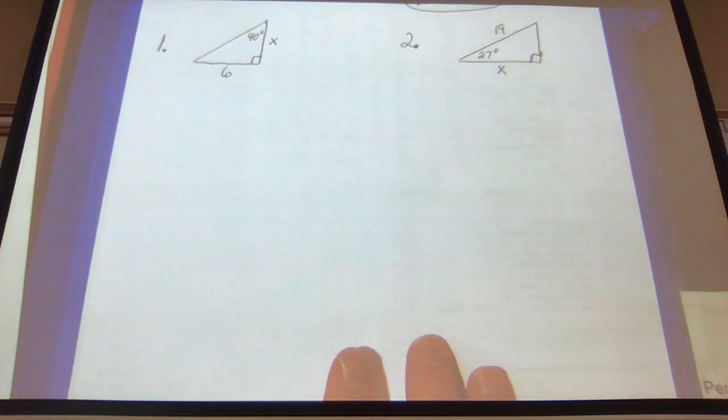All right, using SOH CAH TOA, see if you can come up with both of those two. And just like on the test, go ahead and round to the nearest tenth. That's how we'll have you do it on the test.